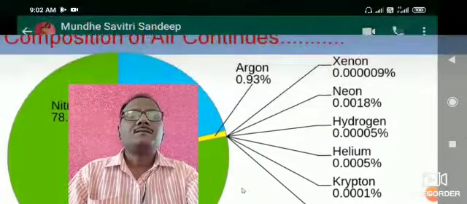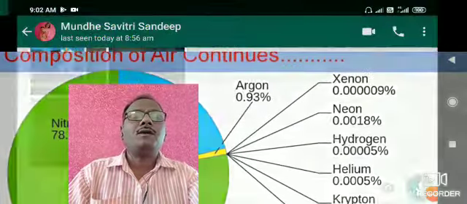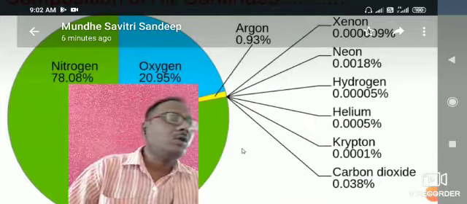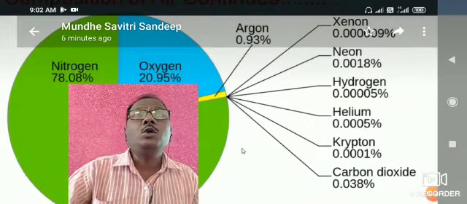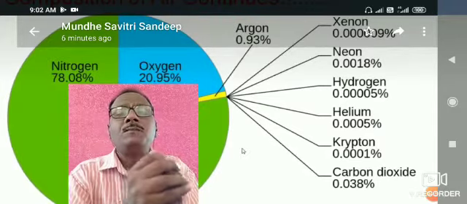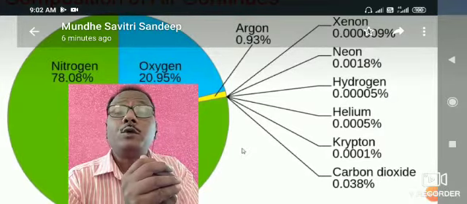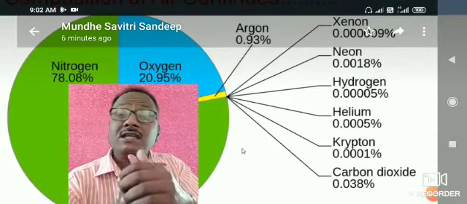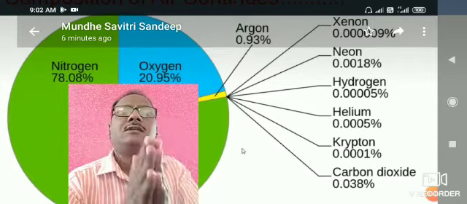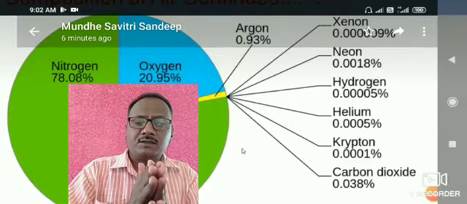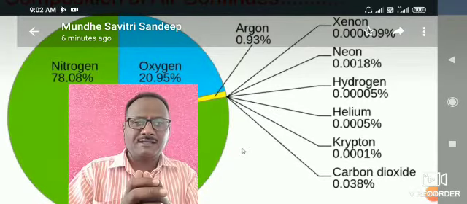Now we'll see the composition of air. In the composition of air, as you know, a huge and concentrated amount of nitrogen is present, about 78.08%. It means nitrogen is much more. After that, the second largest percentage is oxygen, which is 20.95%.